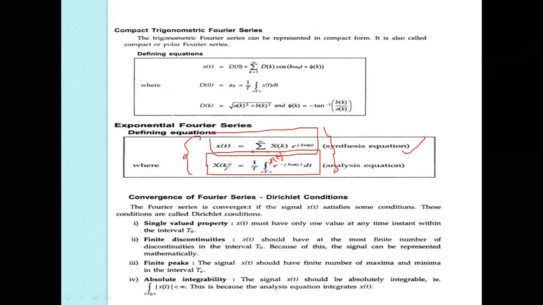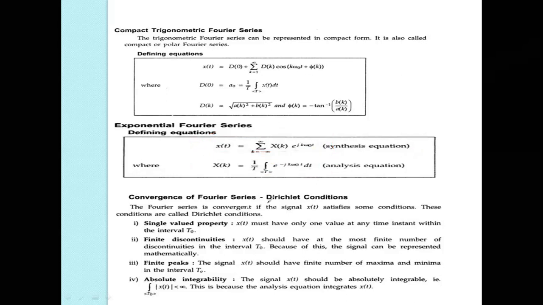Analysis equation, once again: x of k is equal to 1 by T, the integral over T of x of t into e power minus j k omega naught t dt. The synthesis equation is x of t equal to the sum of k equal to minus infinity to infinity of x of k e power j k omega naught t. It is a positive exponential here, and here it is a negative exponential.